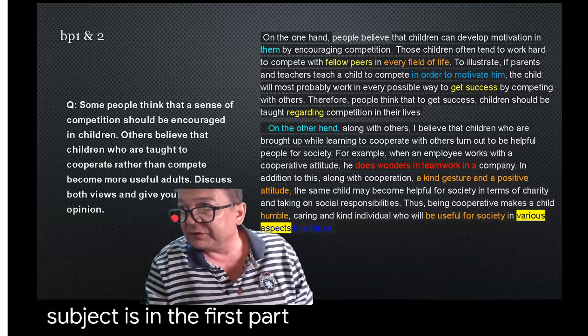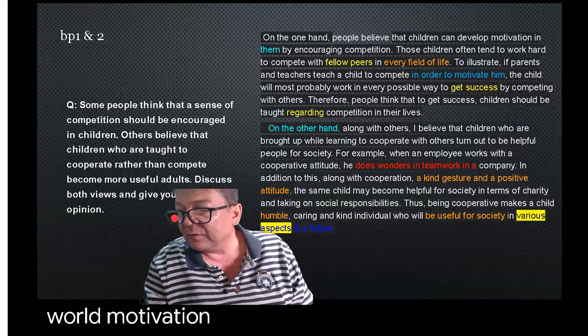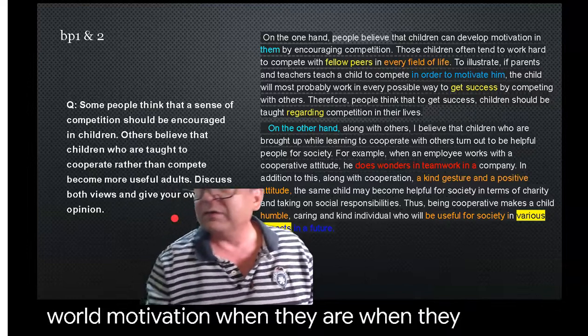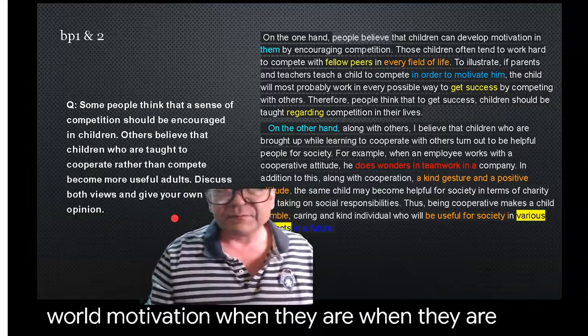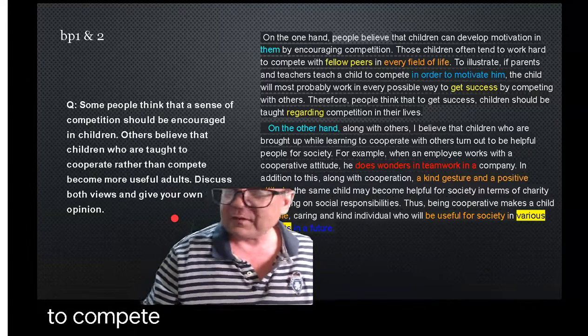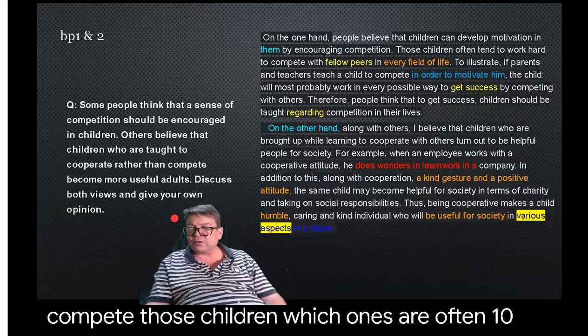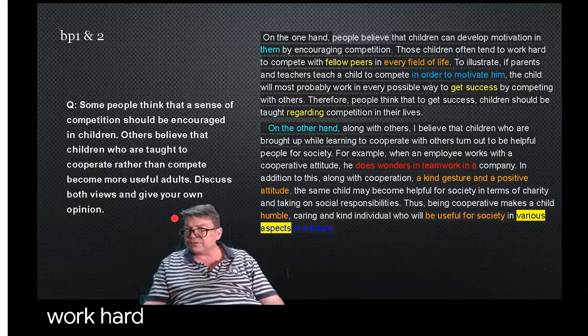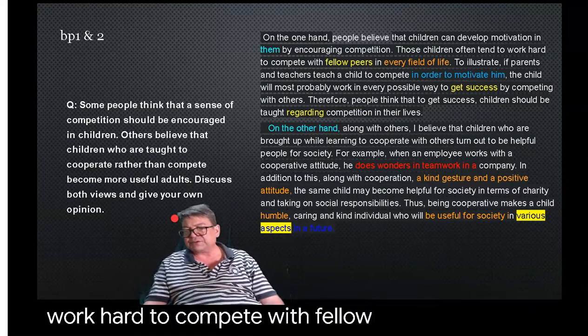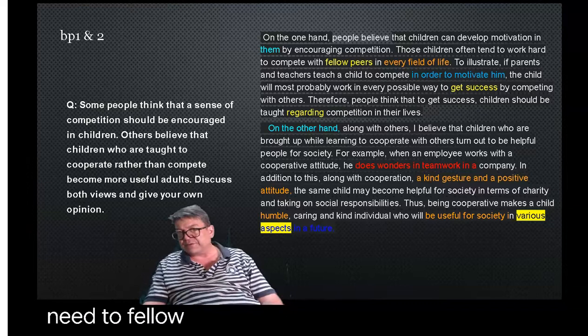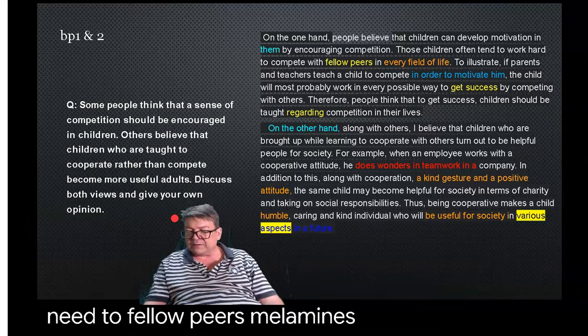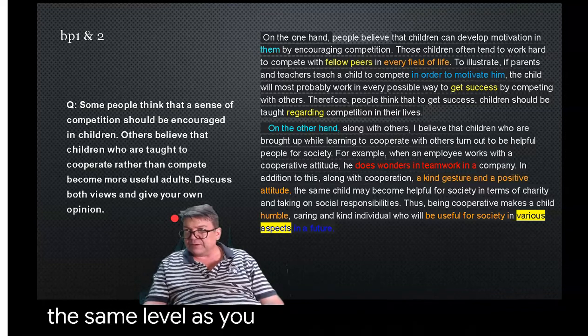So people believe that children can develop motivation when they are encouraged to compete. Those children, which ones? Often tend to work hard to compete with fellow peers. You don't need fellow peers. Fellow means peer is a fellow man, or someone who's the same level as you.